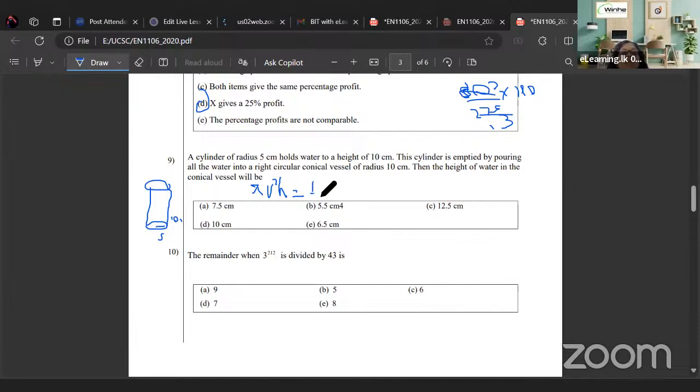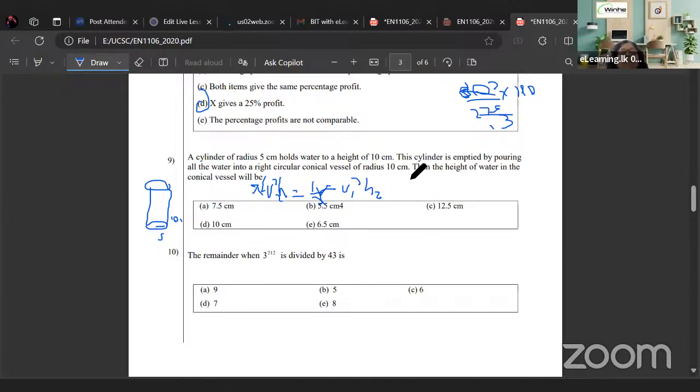1/3 pi r squared h. H we don't know. Here H2 we will consider. Here is H, so you can cut off pi. R1 here, R2 here, right?